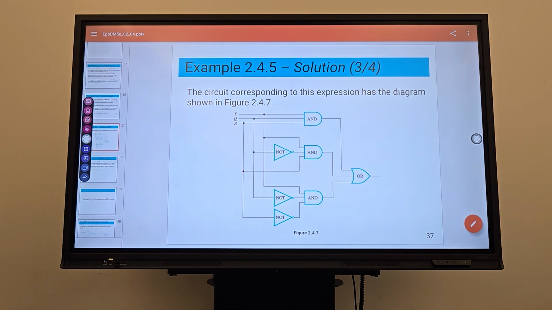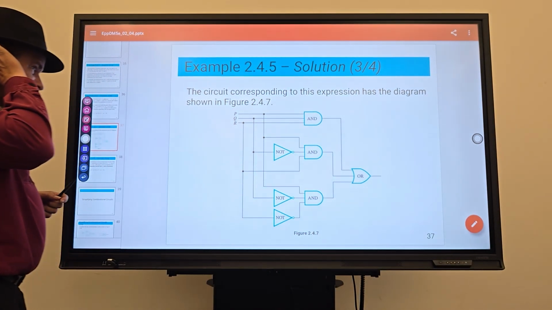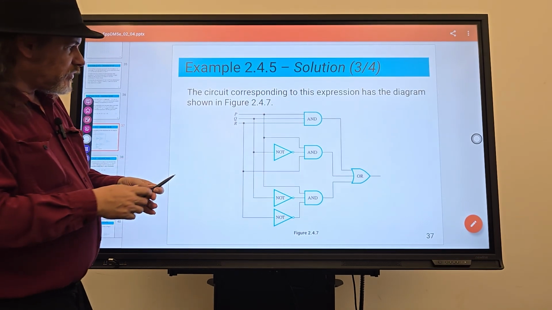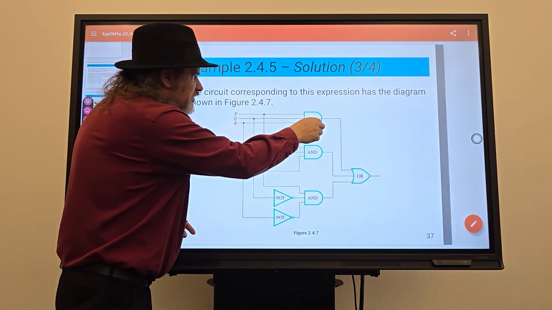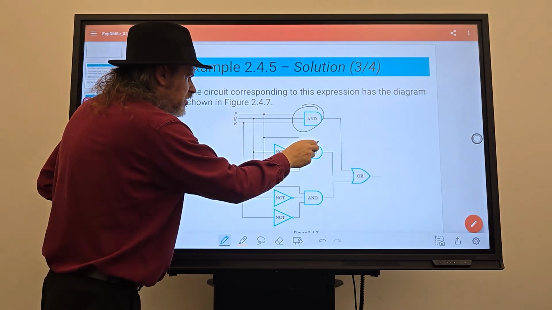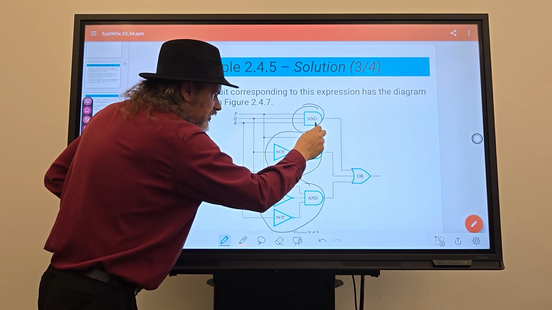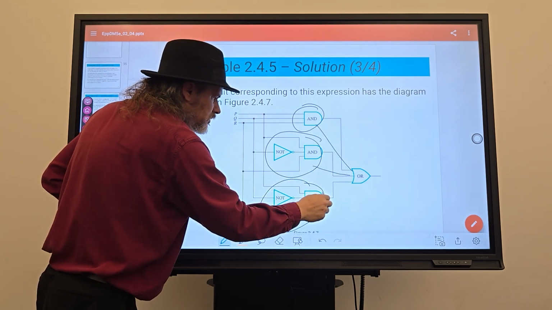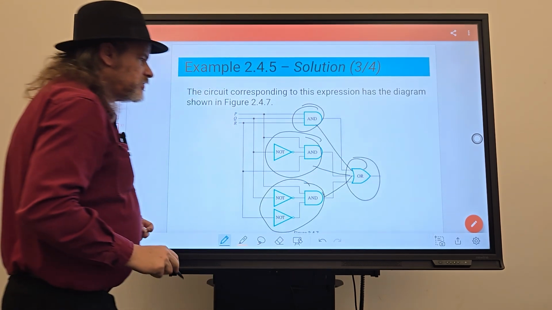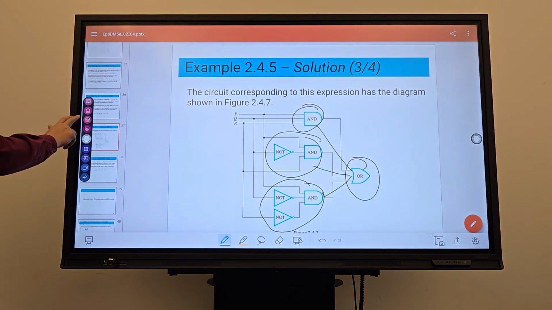By constructing those individual units, individual sections, individual terms, and then ORing them together to produce the final output. Okay.